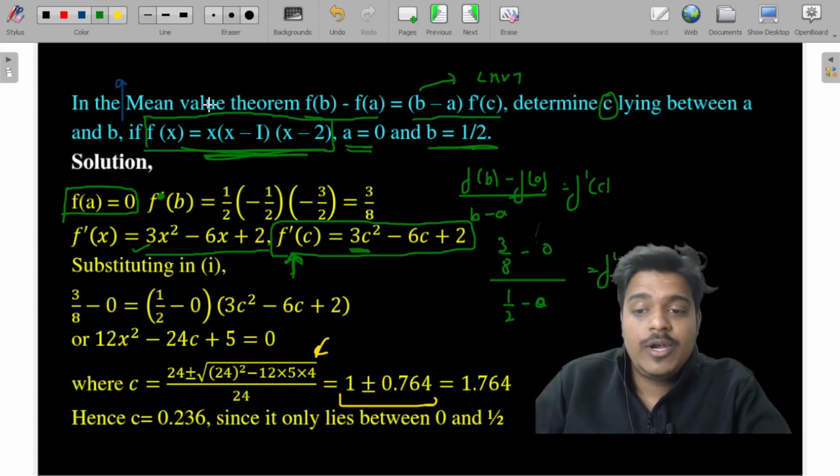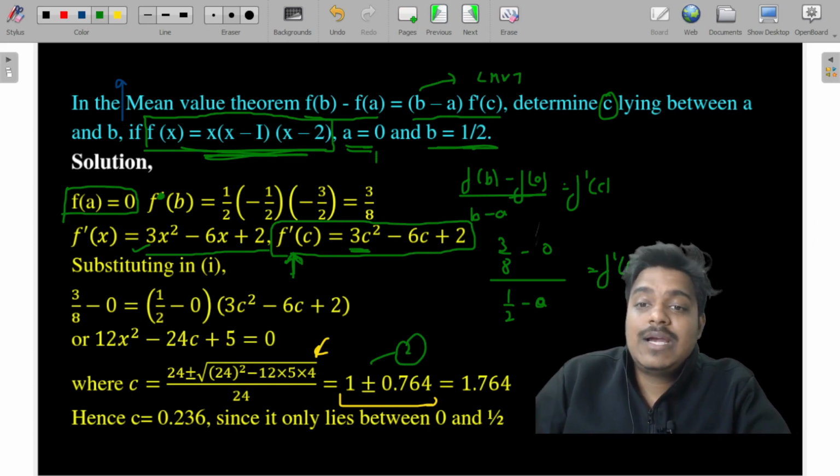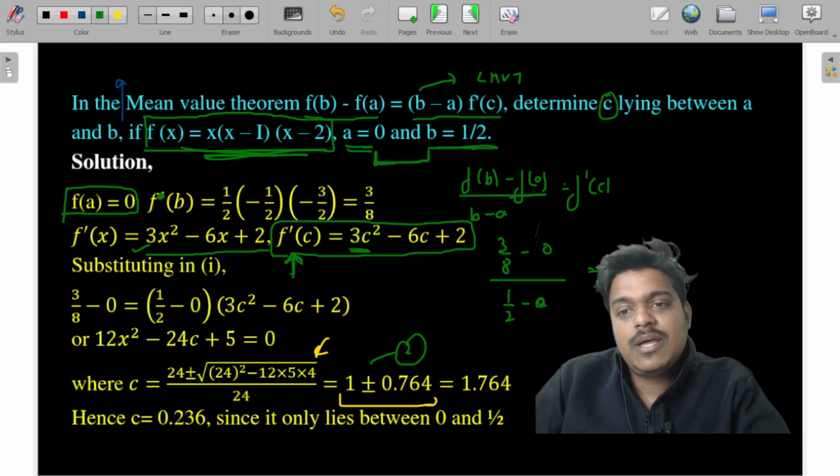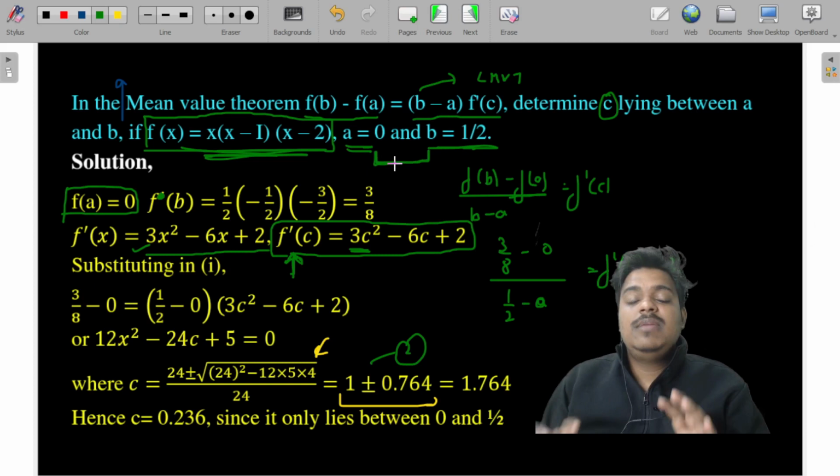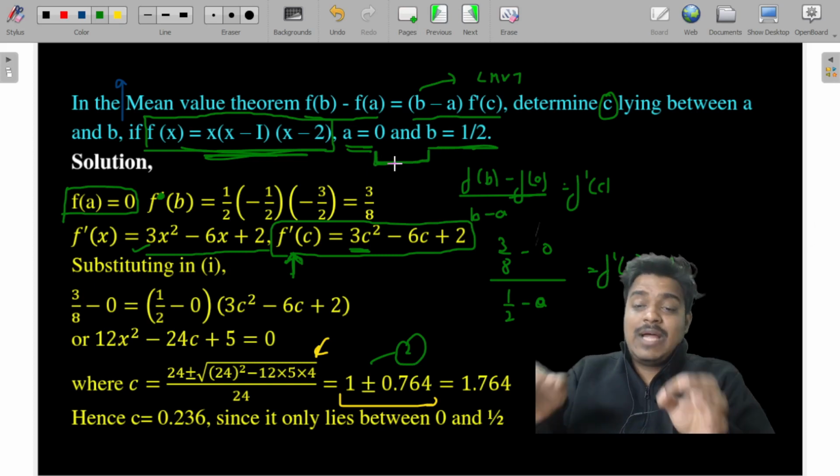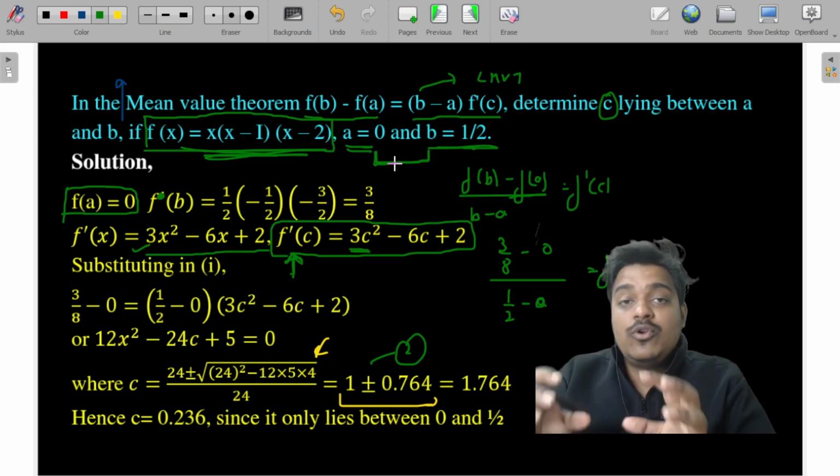0.764. Now I have already told you, there are two values of c. Which value will you select? The value that is lying within this range, because the mean value theorem says that the value lying between 0 and 1 by 2, we are finding that value.